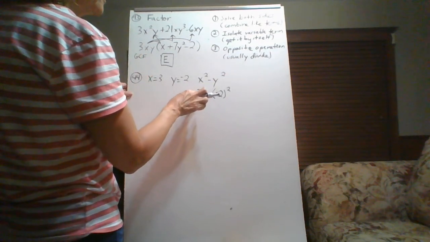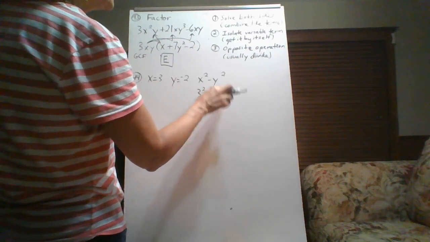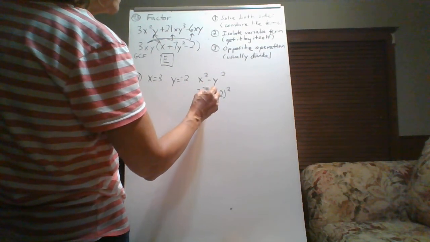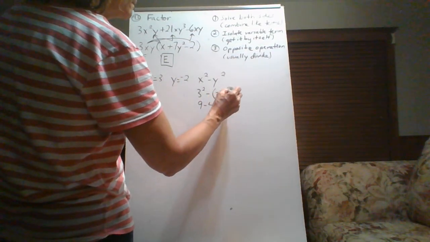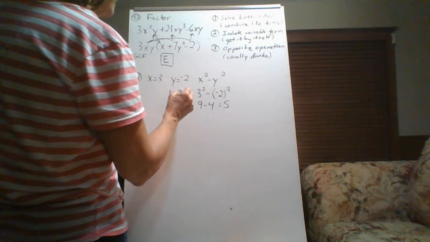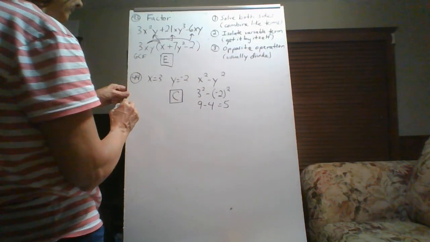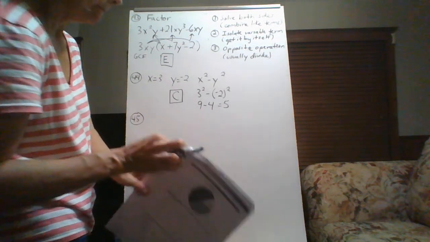Use your calculator. 3 squared is 9, minus -2 squared. A negative times a negative is a positive, so that's going to give me a +4. 9 minus 4 is 5, which is answer C. Just plug in the values and use your calculator to solve it.